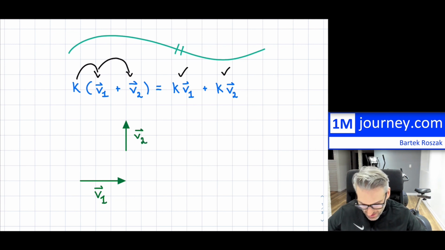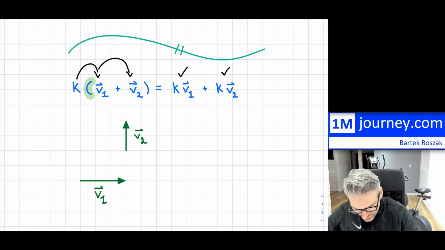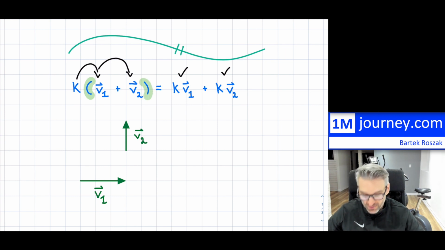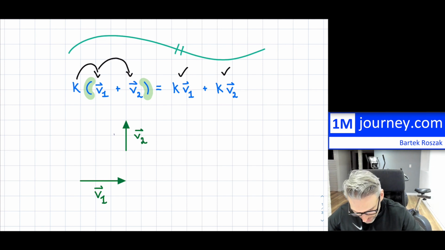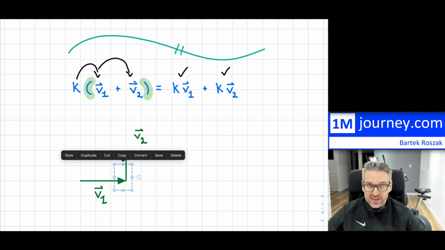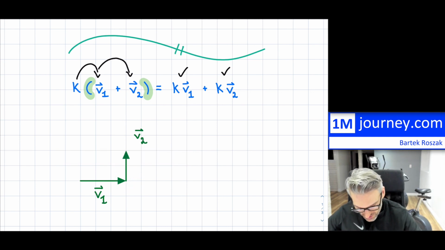And what I want to be able to see is, what is the resultant vector? Because of the brackets, that means I will add the two vectors together. Well, we know how to do that. I can go back in here, or I can use the parallelogram process to find out.